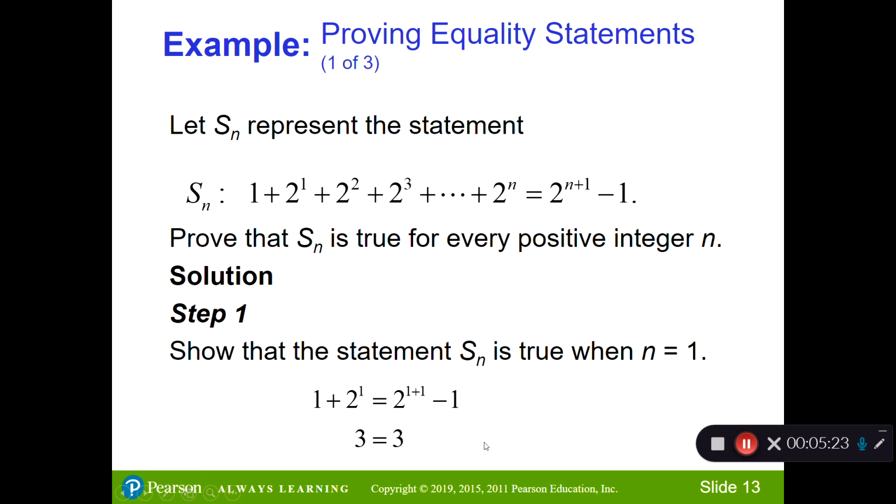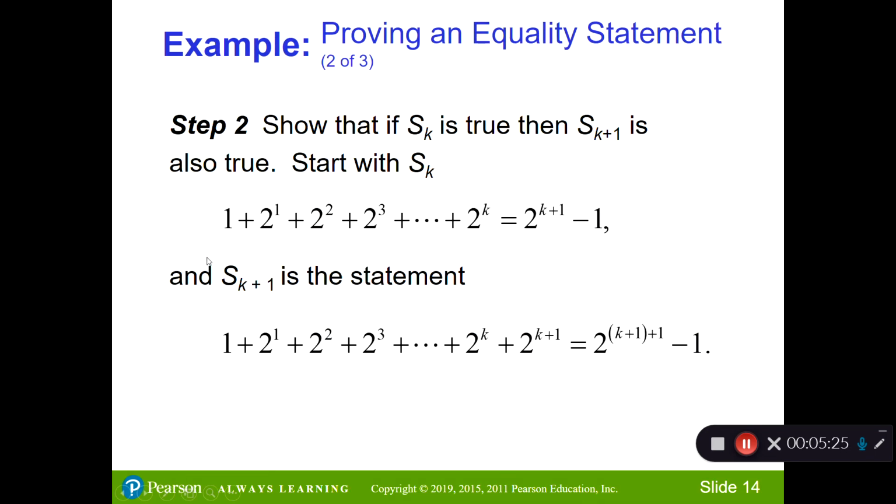That's a true statement. Now, assume it's true for the first k terms, that the sum from 1 up to 2 to the k is equal to 2 to the k plus 1 minus 1. Now, if this is true, we're going to show it's true for the k plus first item. So, we would add 2 to the k plus 1 to this side, right? This is the S sub k plus 1 value.